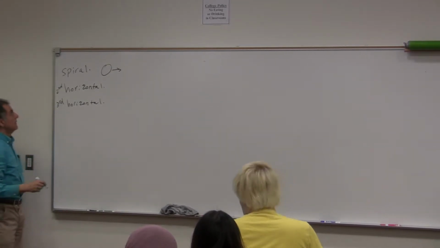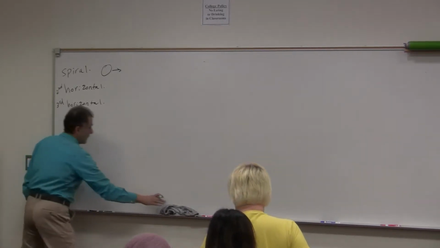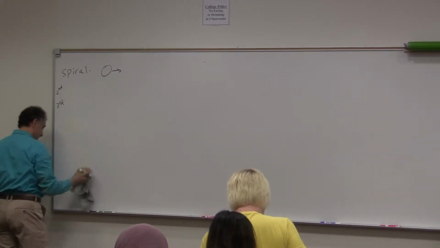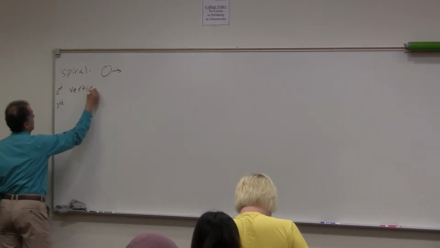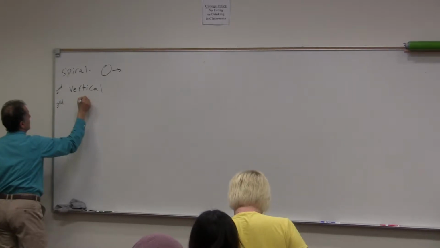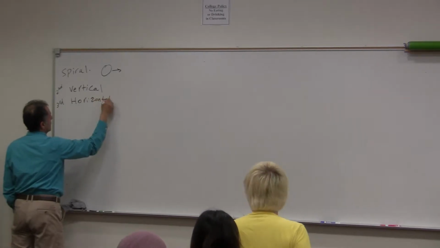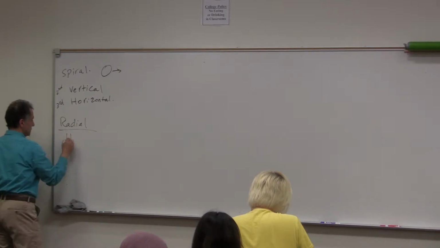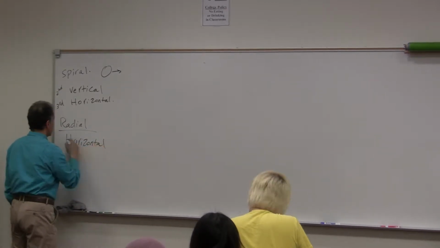I'm going to check my notes. I thought it was horizontal. Okay, first two are vertical, and then the third one is horizontal. And radial is all horizontal. Okay, that's right. Radial is all horizontal.